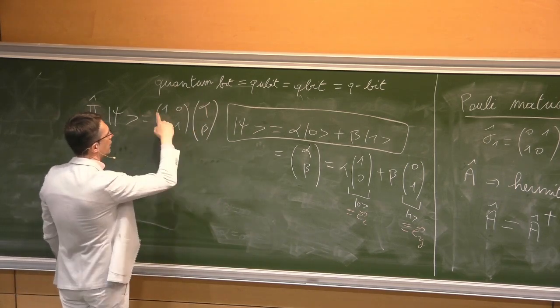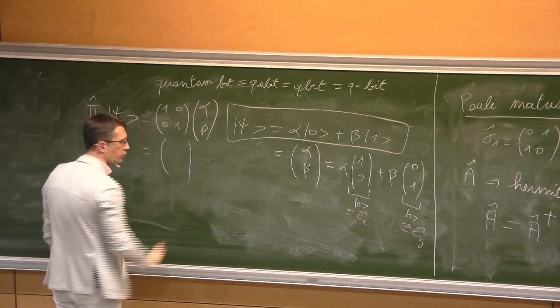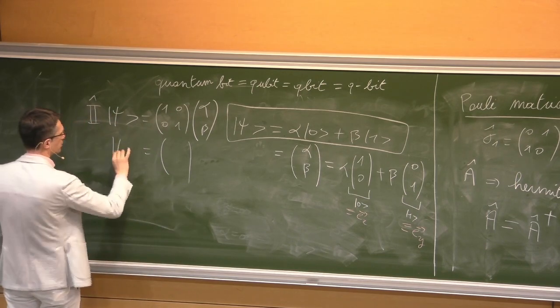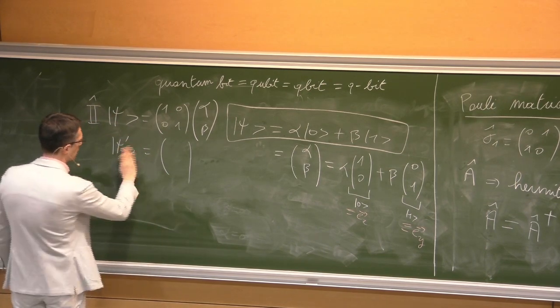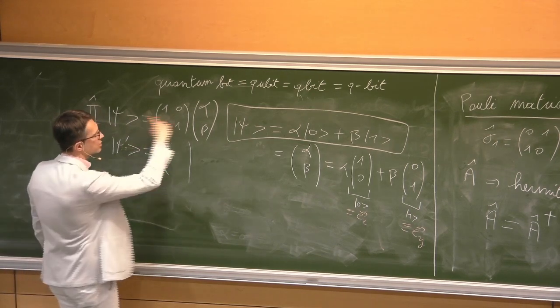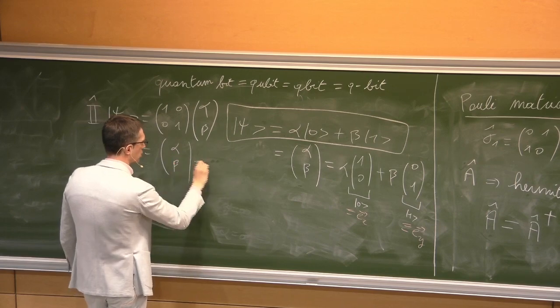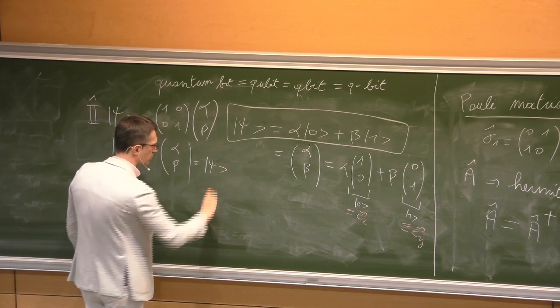So I will generate a new vector, that's going to be psi prime. And this new vector is fairly easy because it's just alpha and beta. So it's just psi.